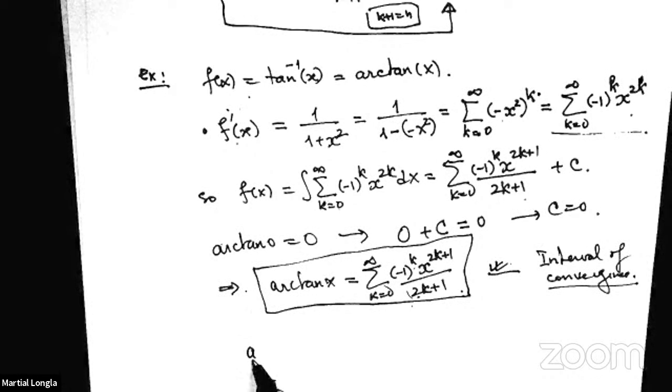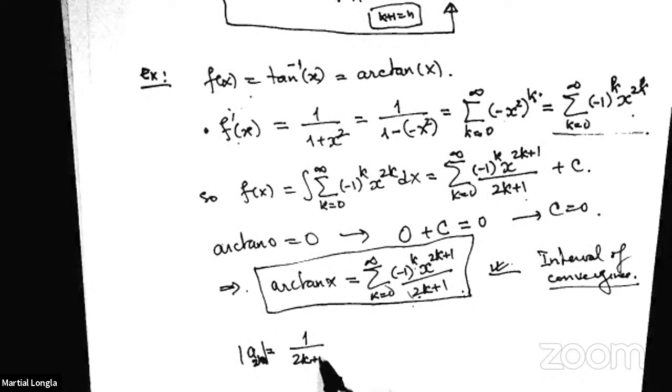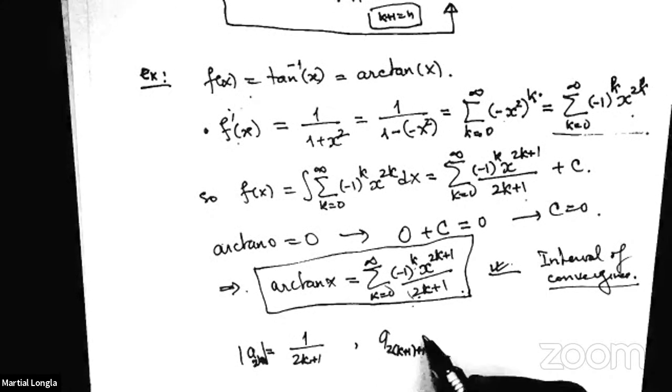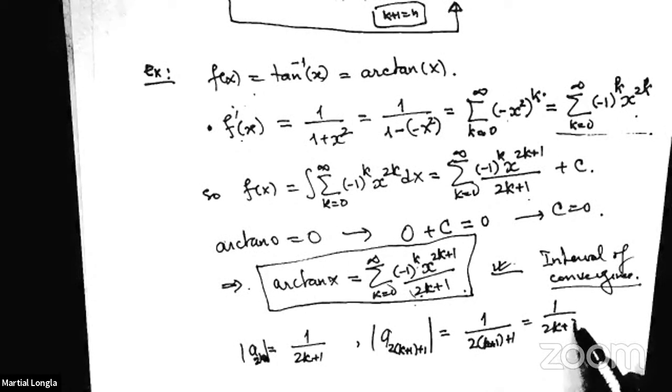Call this a sub 2k plus 1 in absolute value. In this case, it's 1 over 2k plus 1. So a sub 2 times k plus 1 plus 1, in absolute value, is 1 over 2 times k plus 1 plus 1. It's 1 over 2k plus 3.